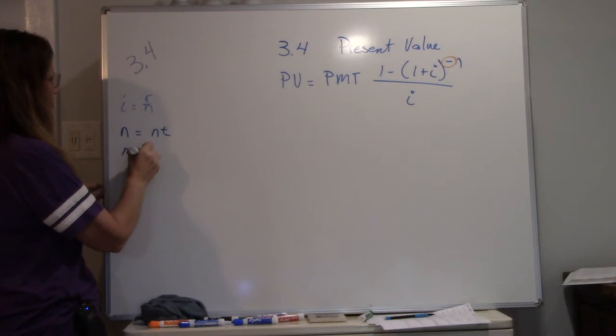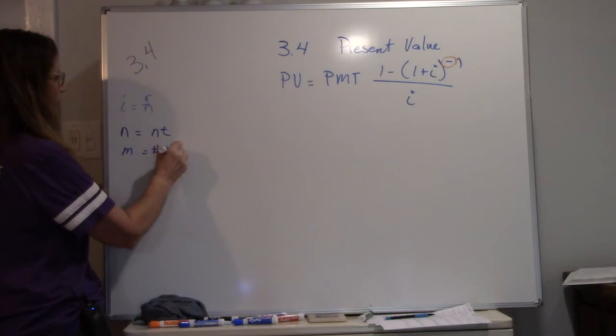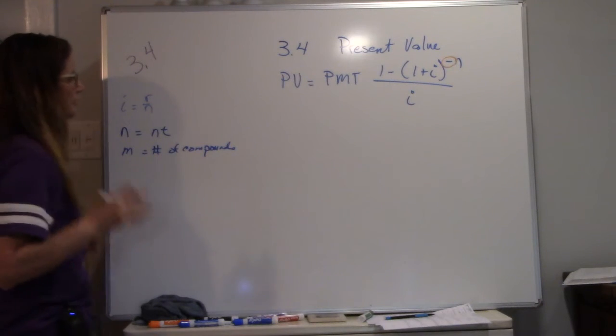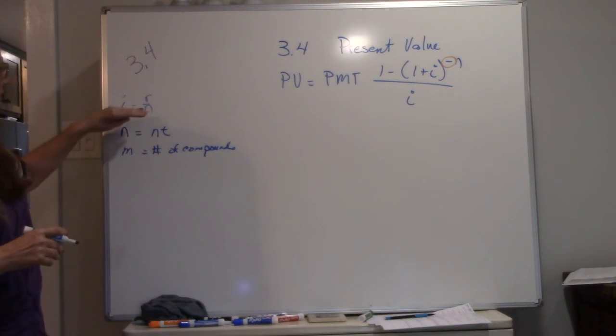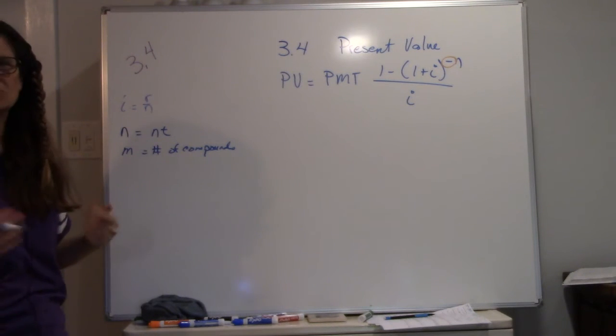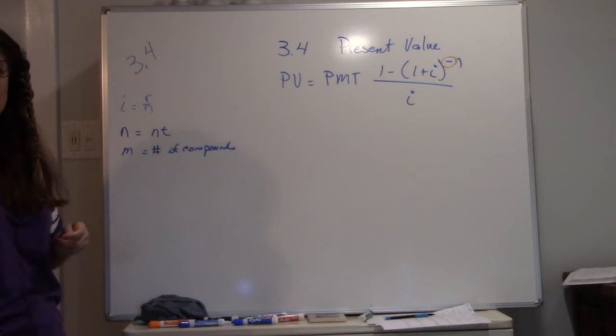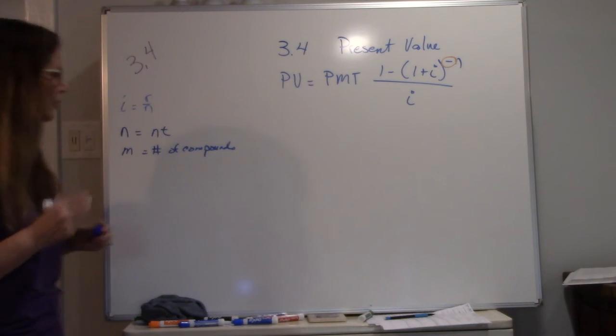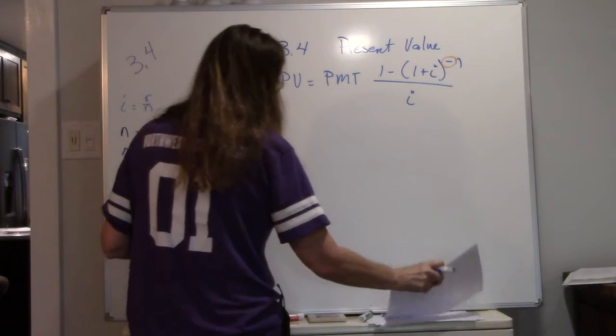And in the textbook, it uses M for number of compounds. So I hope that is not too confusing for you to go back and forth. Sometimes you're going to need the R over N. Sometimes they're going to give it to you as just an I, which is for interest, not I like imaginary number. Okay, so let's go ahead and start.